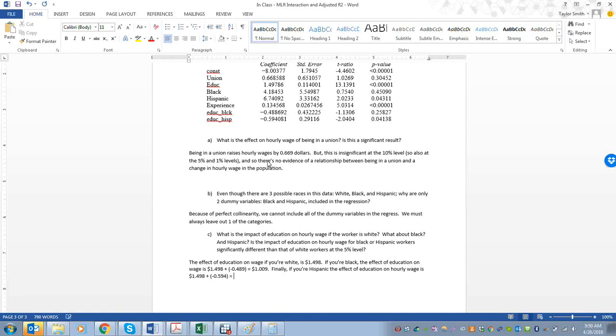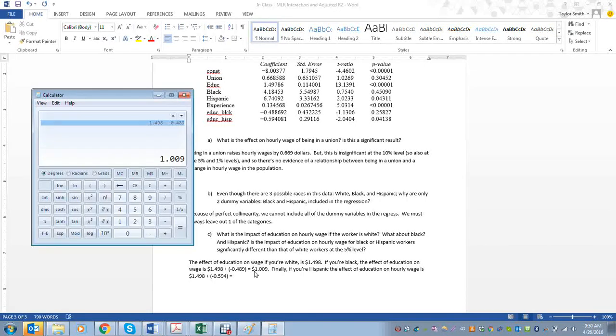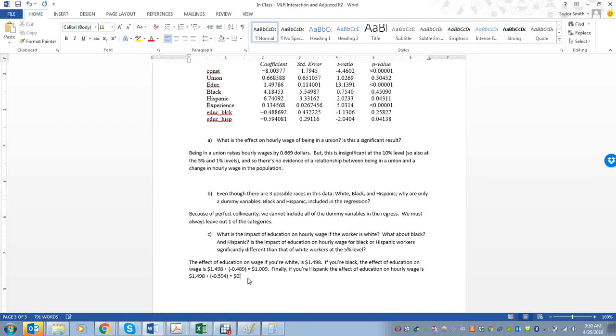Let me grab my calculator here. 1.498 minus 0.594 is 0.904. So if you're Hispanic, one more year of education raises your pay by about 90 cents.